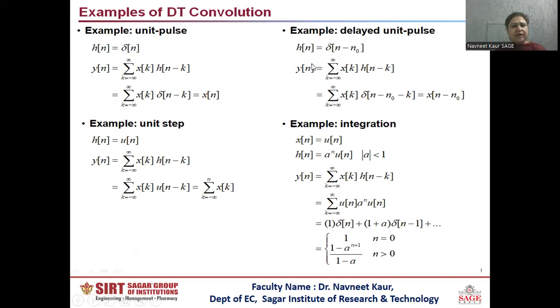Now, if I want to find out the convolution with delta n minus n0, here I'll write hn minus k as delta n minus n0 minus k, it will be xn minus n0. So any sequence xn when convolved with delta n minus n0, that means shifted impulse, will be the shifted sequence itself. Whereas any sequence xn when convolved with delta n will be the sequence itself.